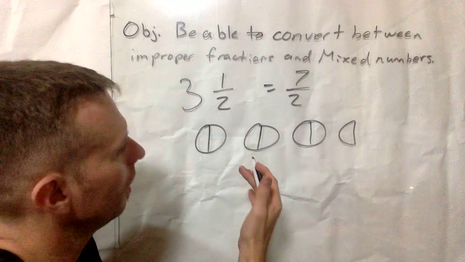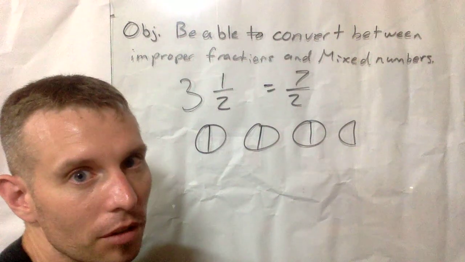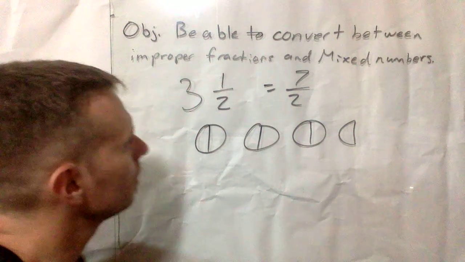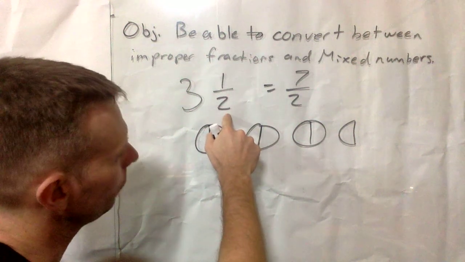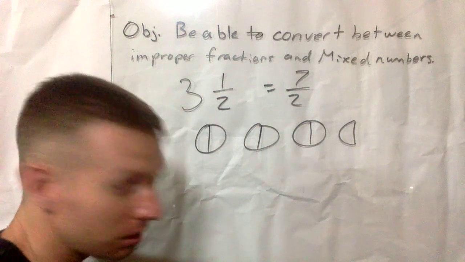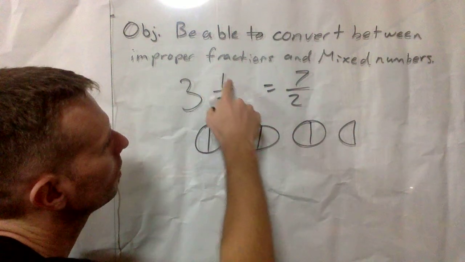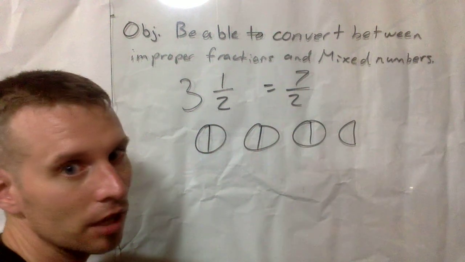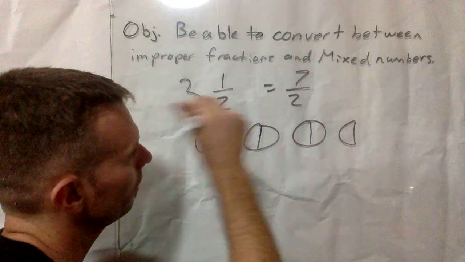Obviously you're not going to draw a picture every time. Most people do this: 2 times 3 is 6, and 6 plus 1 is 7, and that's how you get these 7 halves.